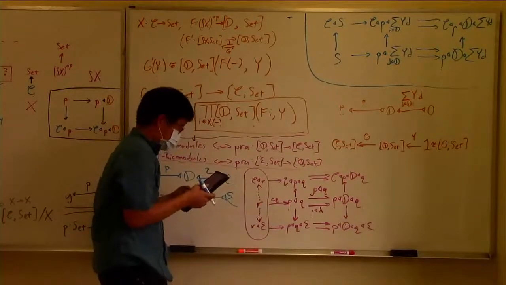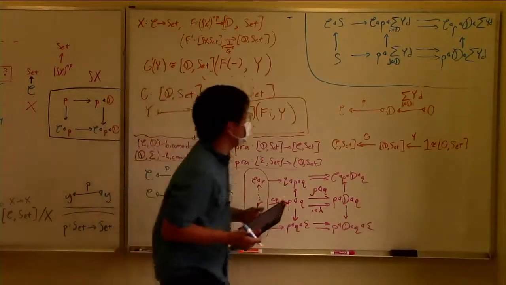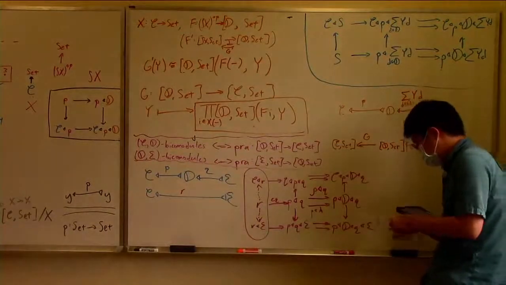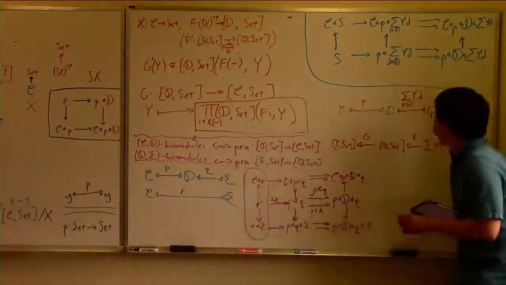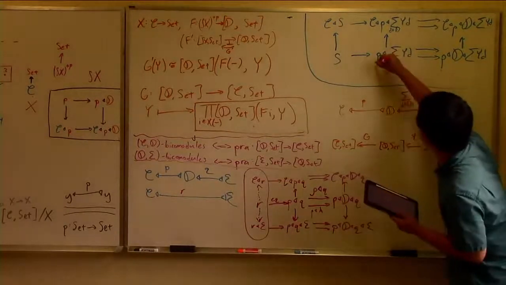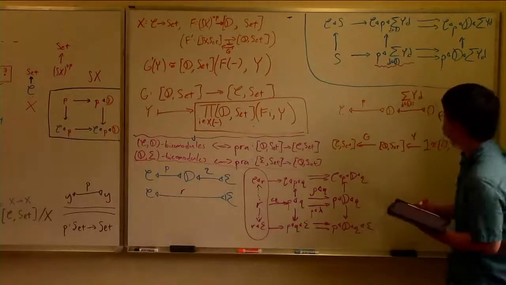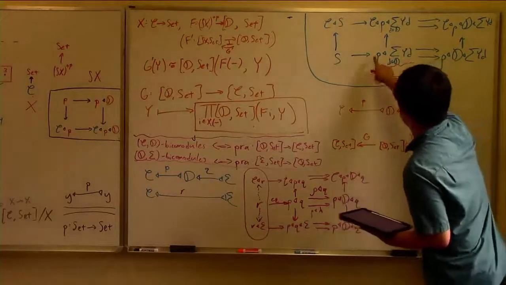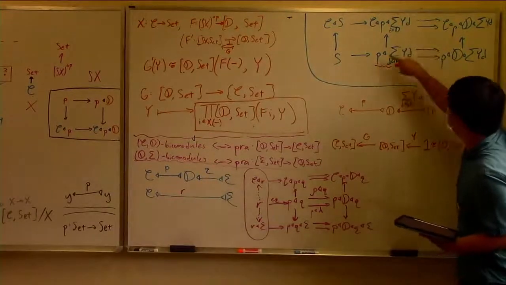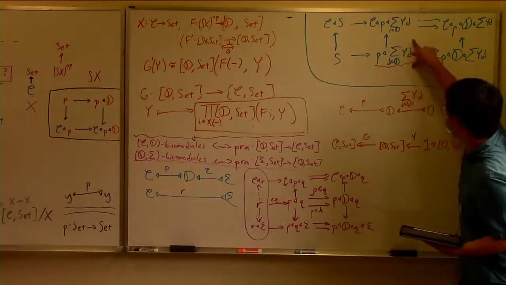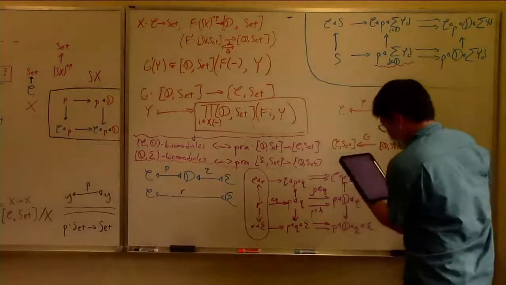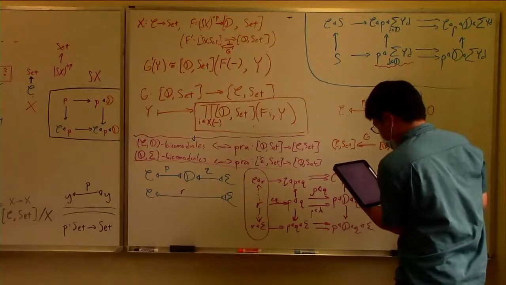And the one thing I want to point out here that should get you started on trying to check this correspondence is that the elements of this set here, well, this is the polynomial functor P composed with the elements of the functor Y. And what does that give us?